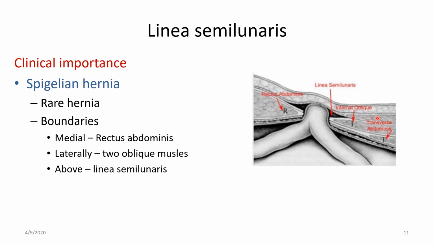So external oblique, internal oblique, and transversus abdominis muscles are seen laterally. So this is the herniated gut loop, and this is the linea semilunaris, which forms the upper boundary for the Spigelian hernia. So now you know what is linea semilunaris and what is its clinical importance.